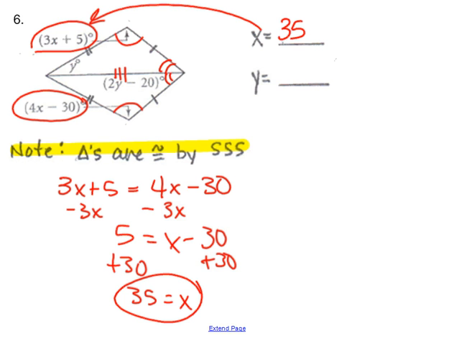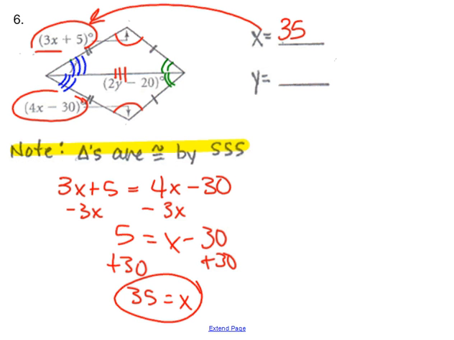This one is congruent to this one. Wrong, wrong. This angle right here is congruent, yes, to this angle. I got it. Okay. So then we're going to add them all up to 180.